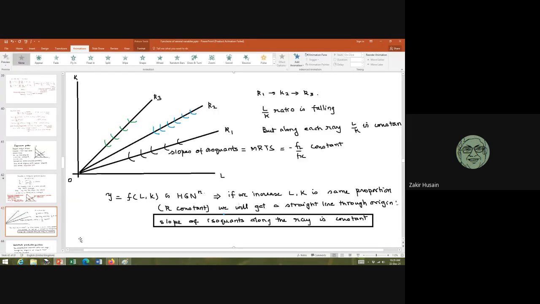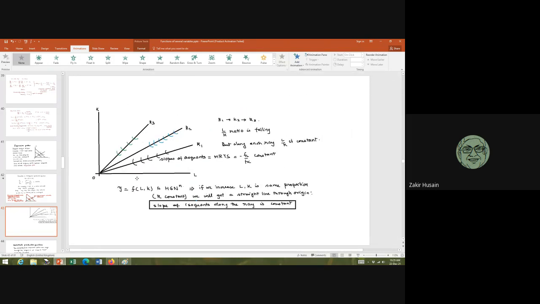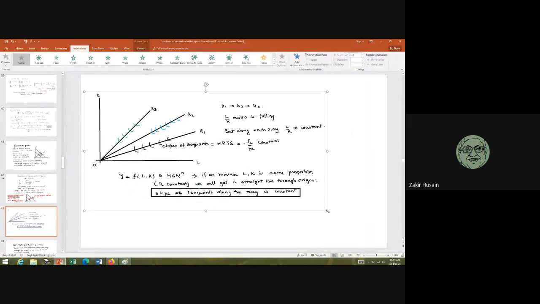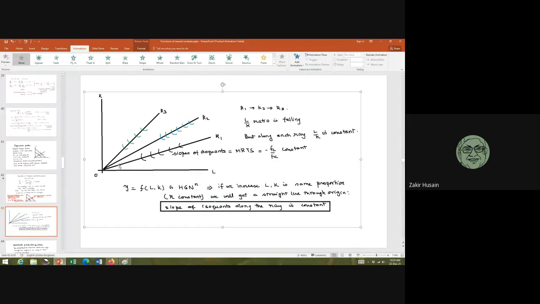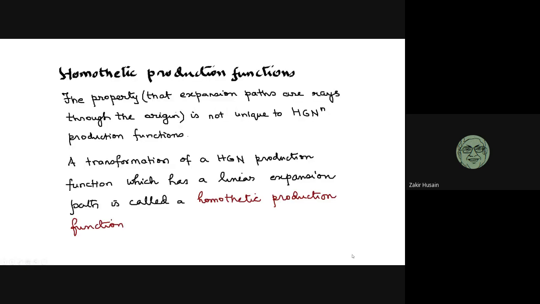Okay. Now, this property, that is the slope is constant along this ray, is not unique to homogeneous production functions.